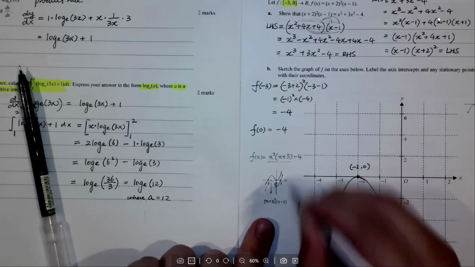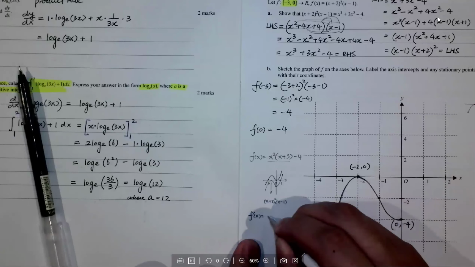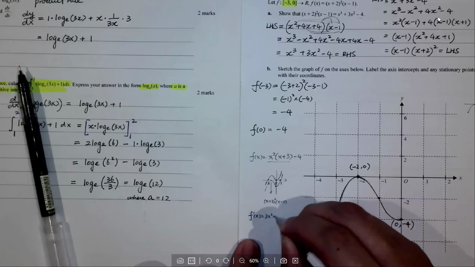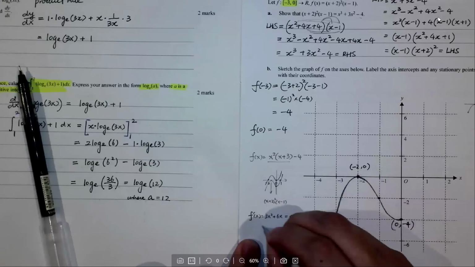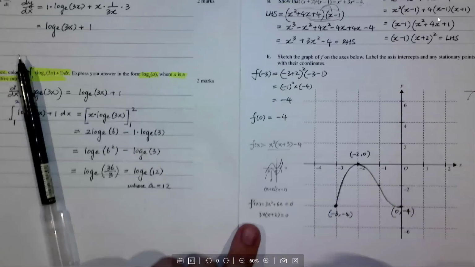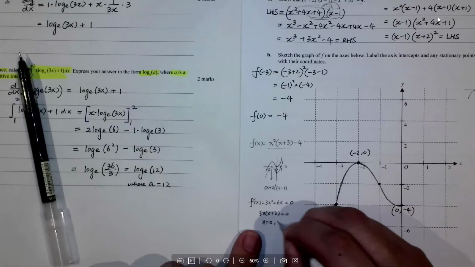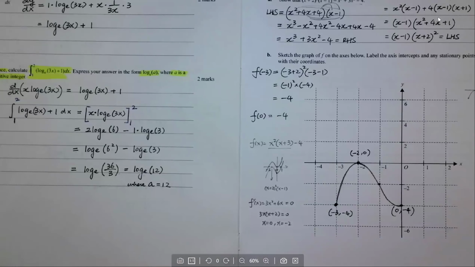Or you can use differentiation to verify what's happening. So f dash of x equals to 3x squared plus 6x equal to 0. And then you get, let's say, 3x times x plus 2 equals to 0. So x equals to 0, x equals to minus 2. And then just subbing and get these 2 points as your stationary points. Okay, let's move on.